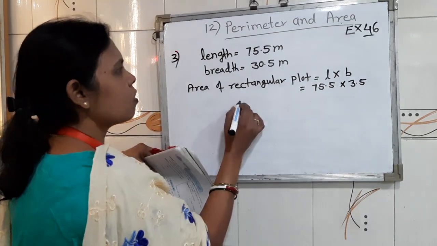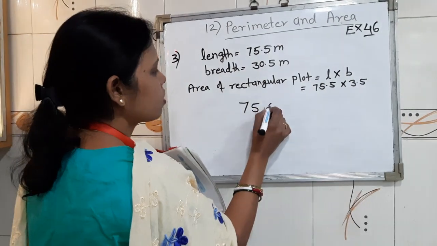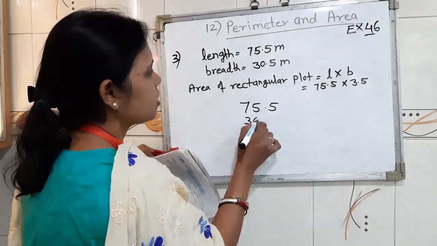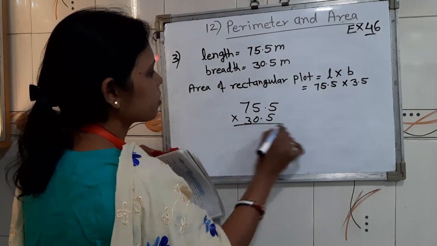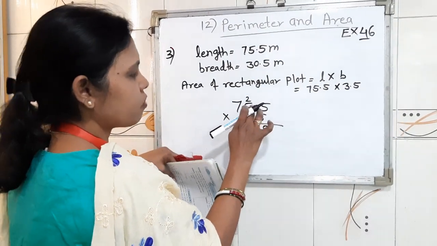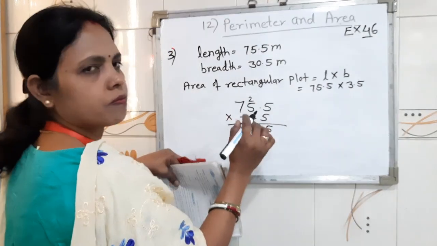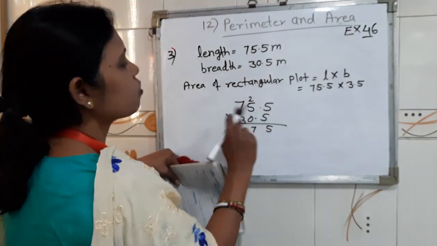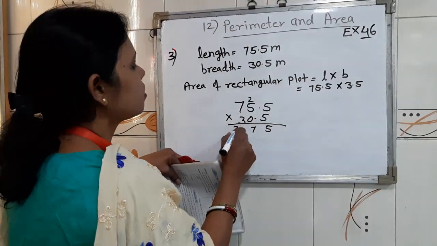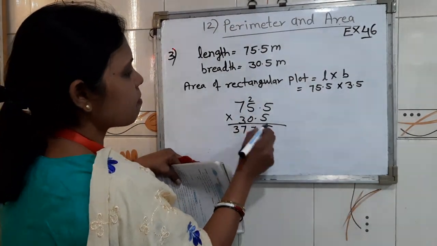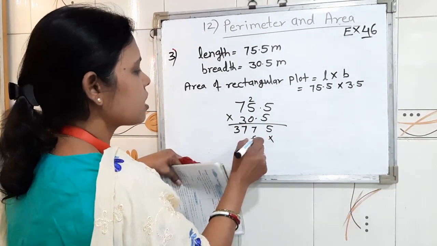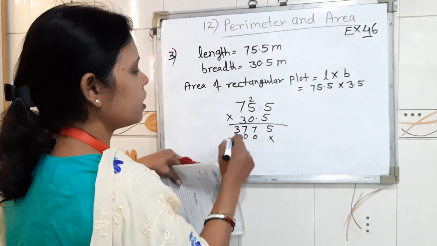Both we are going to multiply, that is 75.5 and 30.5. 5 5s are 25, 2 carry. 5 5s are 25, 25 2, 27, 2 carry. 5 7s are 35 and the 2, 37. Next number, with the 0 we will multiply, then everywhere we will get 0 only.